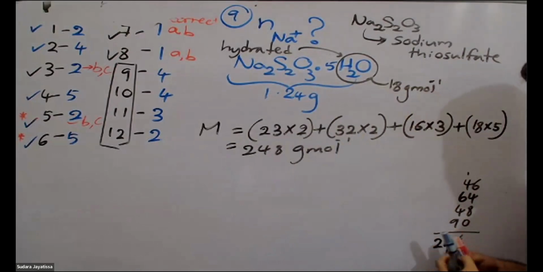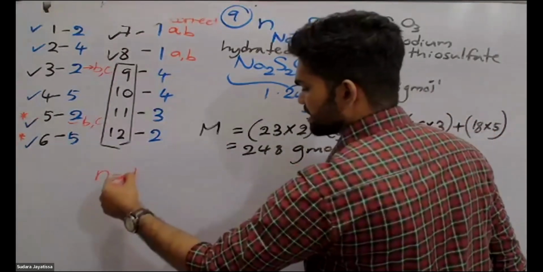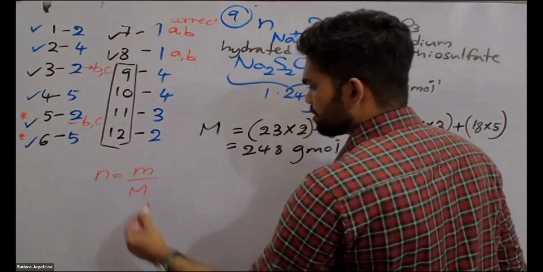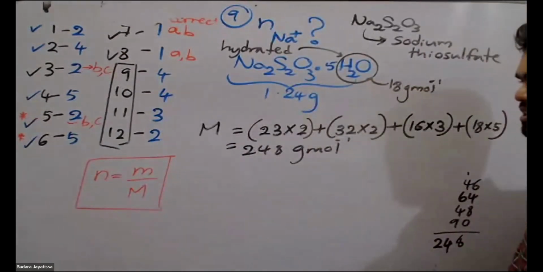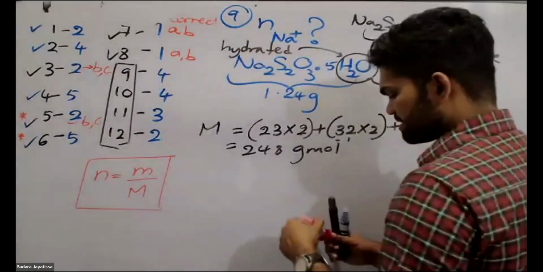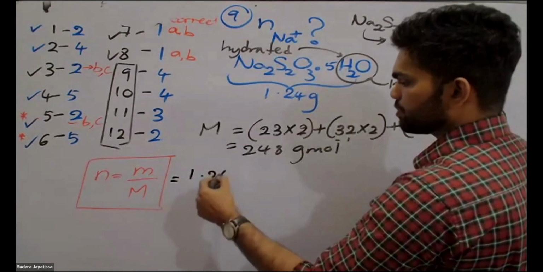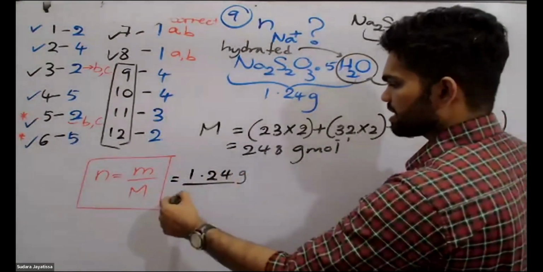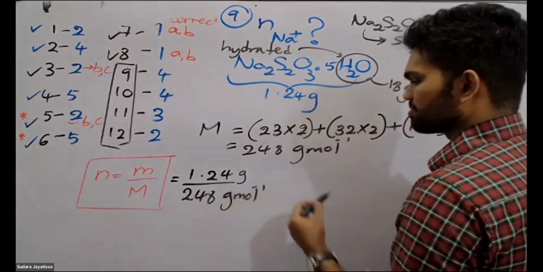So what is the formula you have to take here to find the moles? Moles is equal to, this is one of the 5 formulas we learned to find the moles, mass over molar mass. The mass given here is 1.24 grams. Please apply with units. 248 grams per mole.